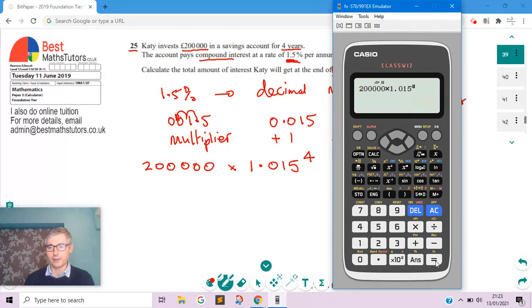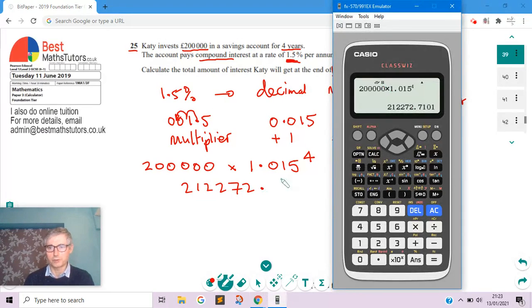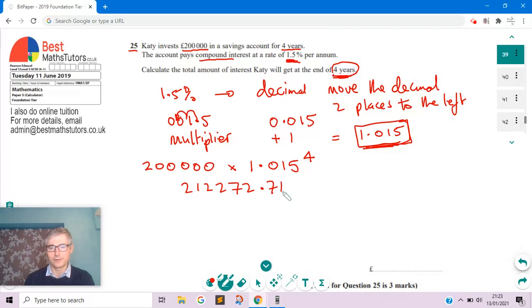And if I do that, that gives me 212,272.7101. And because it's money, we're only interested in 2 decimal places, so that equals, in money, £212,272.71.